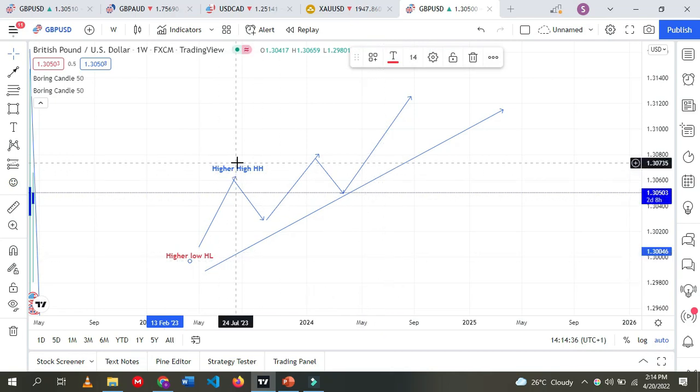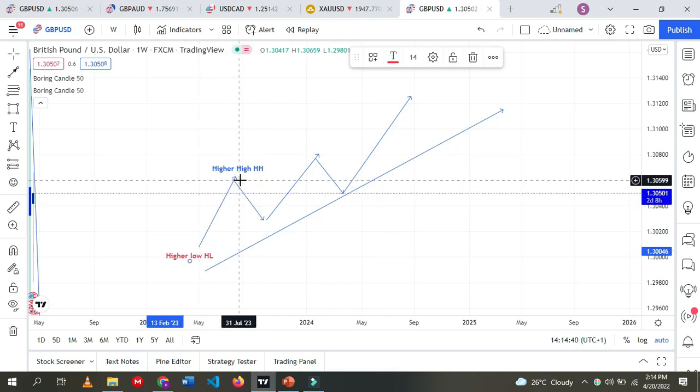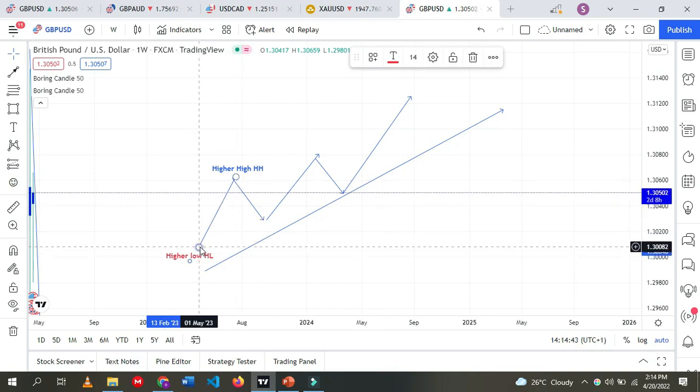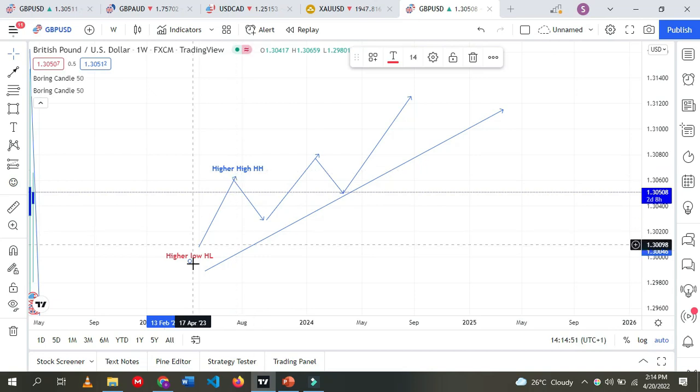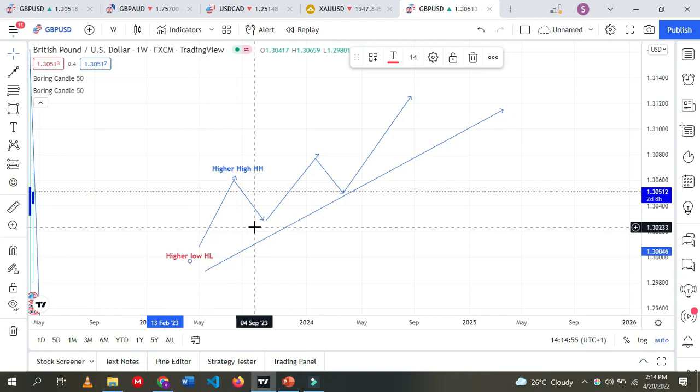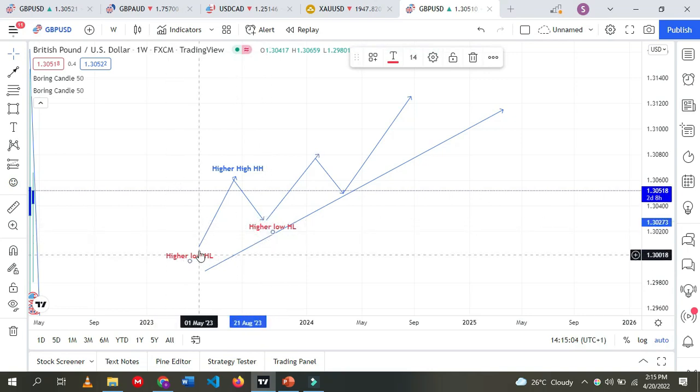Now this higher high, the market moved from this point to this point. This is a low. It formed a low here. You get what I'm saying? Then it came here to form a high. Now you can see that this low is higher than this low.